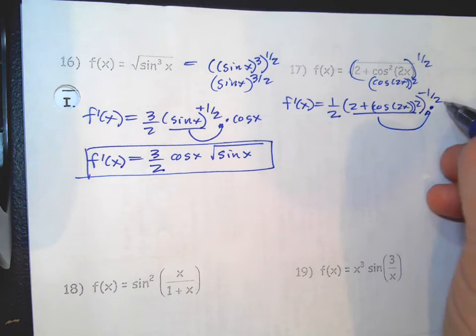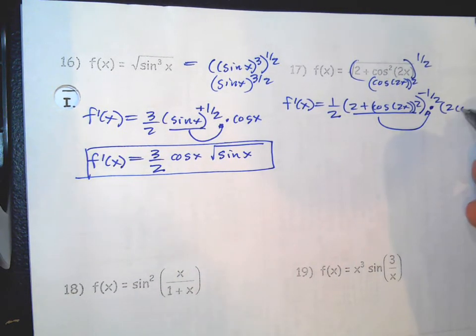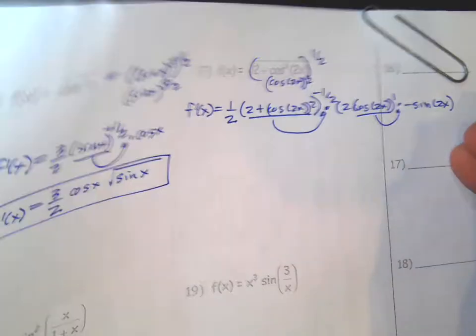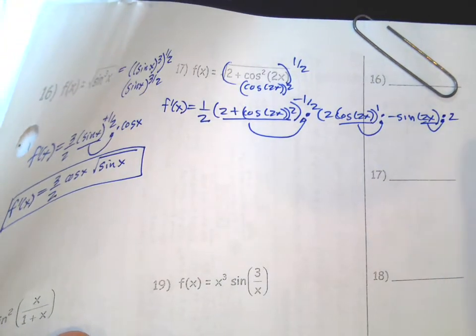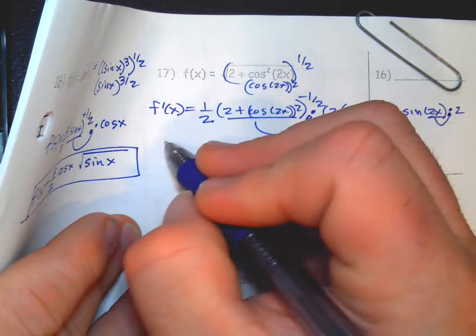Now the derivative of 2 is 0, so you're going to get 2 cosine 2x to the 1st power, and then you've got to multiply by the derivative of what's inside that, which is going to be negative sine, leave the inside the same. And then you have to multiply by the final inner layer, which just gives you 2. Wow, that's a lot. So let's clean it up.